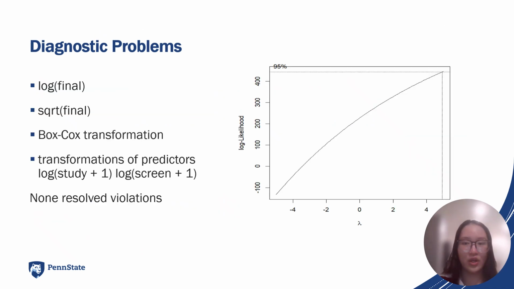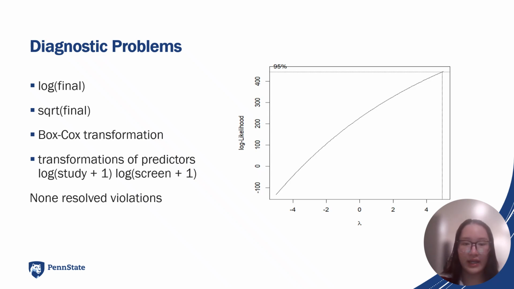To improve the model to fit the assumptions, first I tried the log version and square root version of the response, but sadly they gave diagnostic plots really similar to the last page, so they are not valid models for the assumptions. Then I applied the Box-Cox method to search for a power transformation of the final exam score to improve the linear model assumptions.